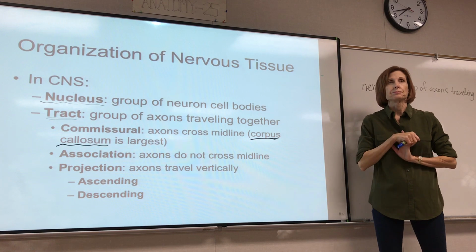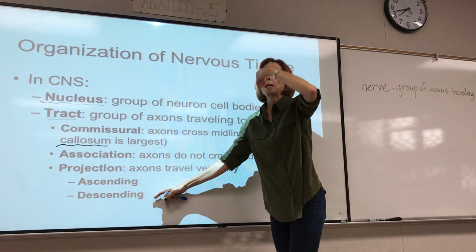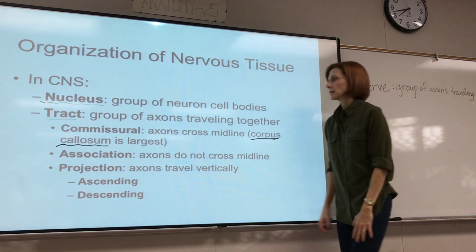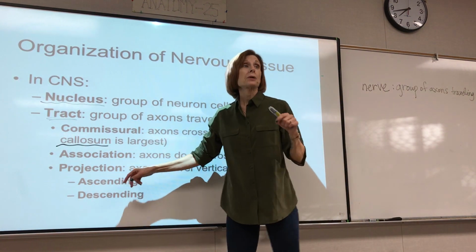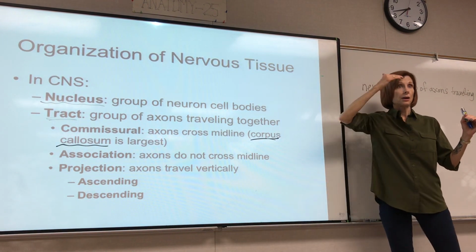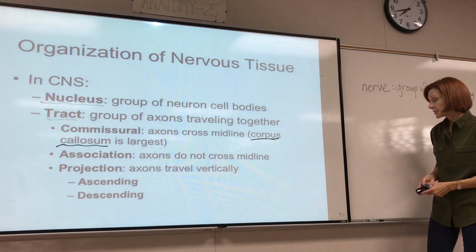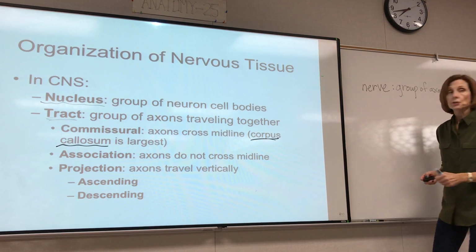Sensory or motor? Sensory. Sensory, right. Or they could be descending, where the information is traveling down, and that would be motor. So these are just general terms based on the direction that the axons are traveling. You do have a diagram that illustrates this, so I will show you that in just a minute.